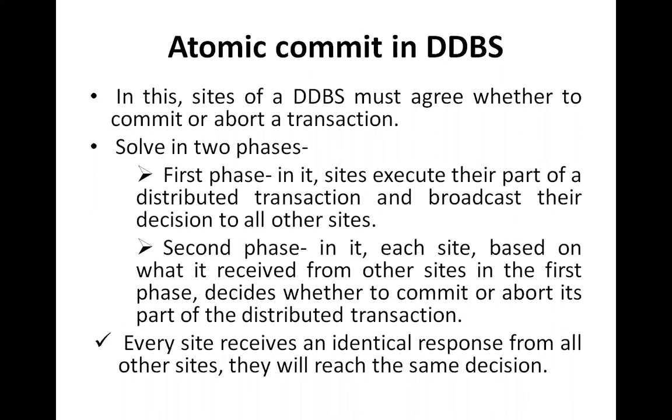But there is a problem: it may be possible that some of the sites, some of the processes, may be behaving faulty, and they can send a conflicting response to the rest of the sites, thus causing a conflicting decision.